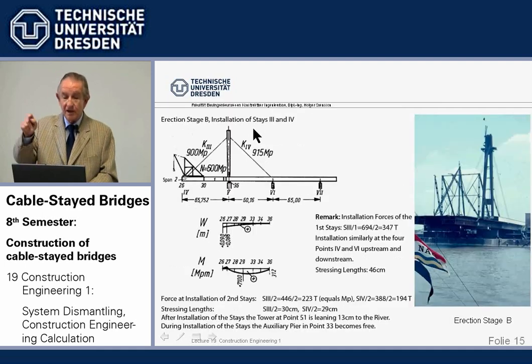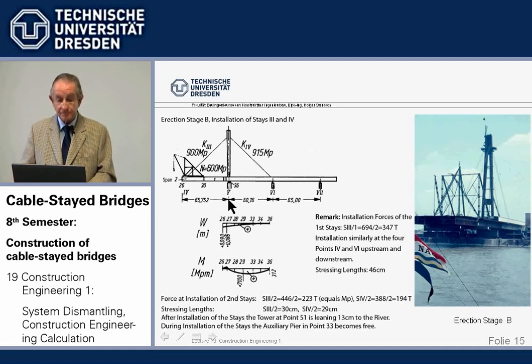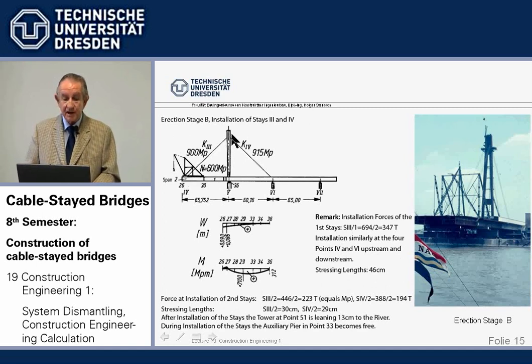Now, next system, B. We have just installed the forward cable and the backward cable. And we know the force here, it's a little older publication, so excuse me, use megapond or tons.